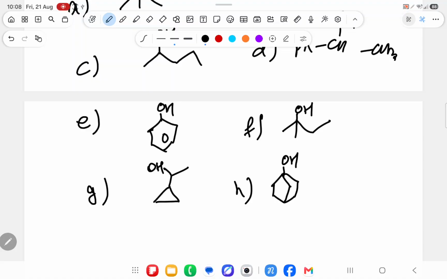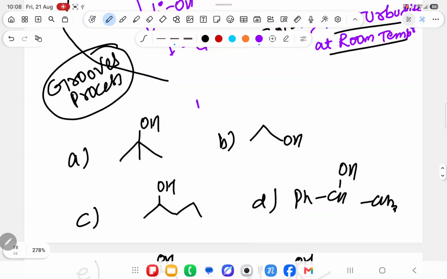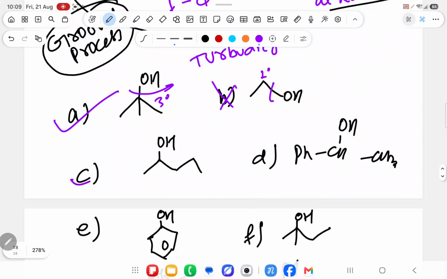Now they are asking which of the following will react with alcohol and give turbidity easily. Over here, this will give, yes, 3 degree. This one, 1 degree, not possible. This one, 2 degree, will give turbidity.